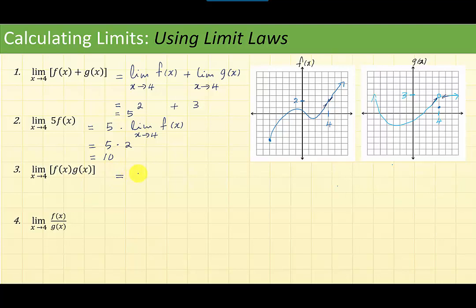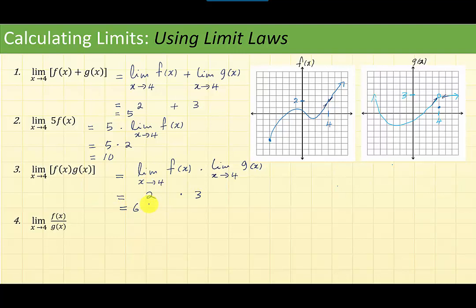The limit of a product is the product of the limits: the limit as x goes to 4 of f of x times the limit as x goes to 4 of g of x, which is 2 times 3, or 6.